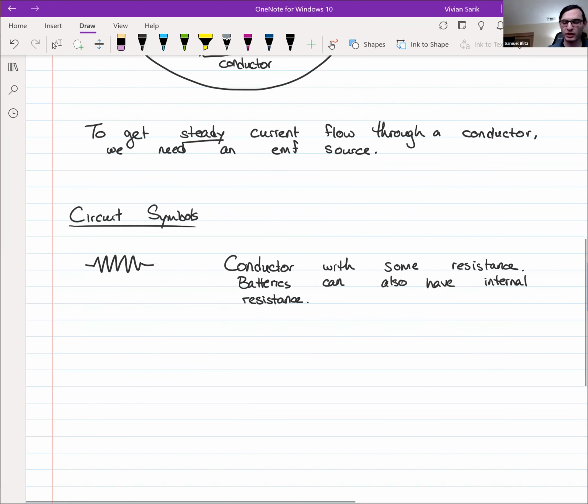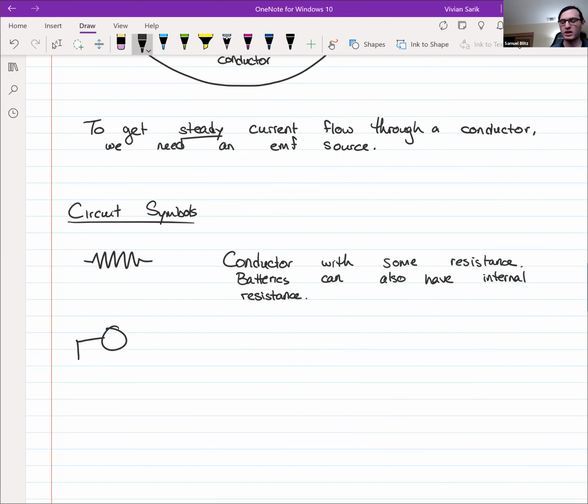The next symbol is something that looks like this. Notice that it has bent arms, and that's for a good reason. This just represents an external voltage probe, also known as a voltmeter. So this isn't actually a component in the sense that it doesn't actually interact with the circuit.